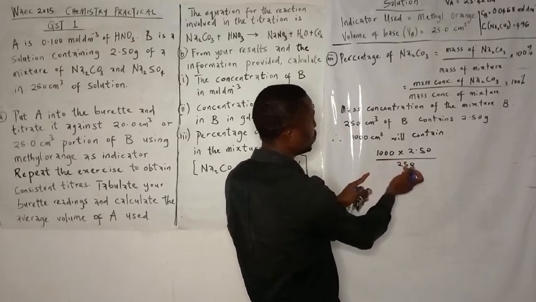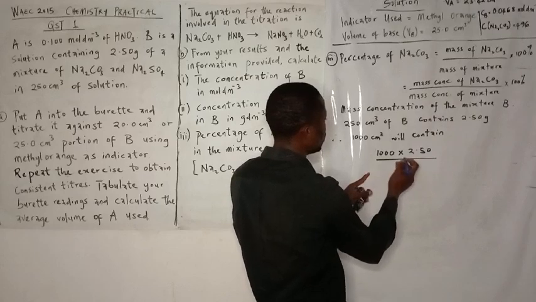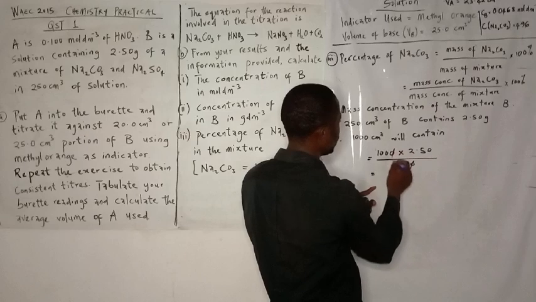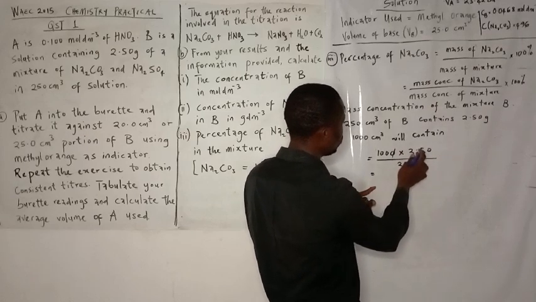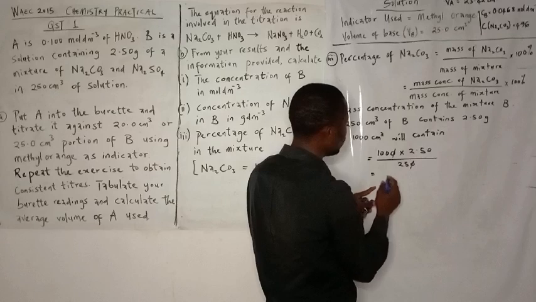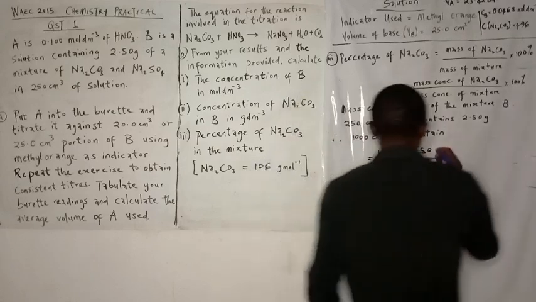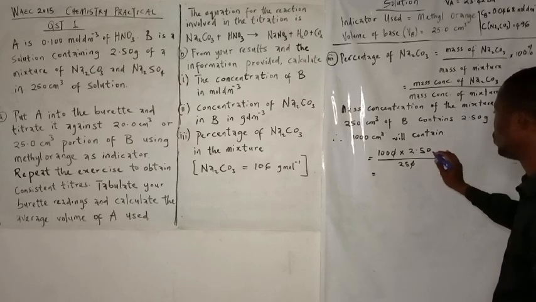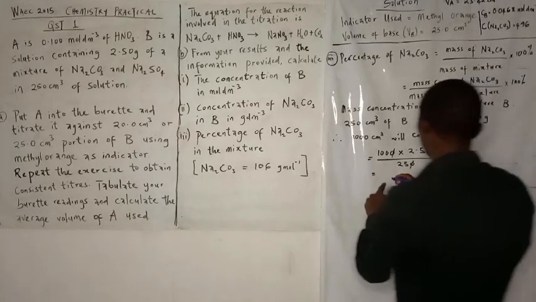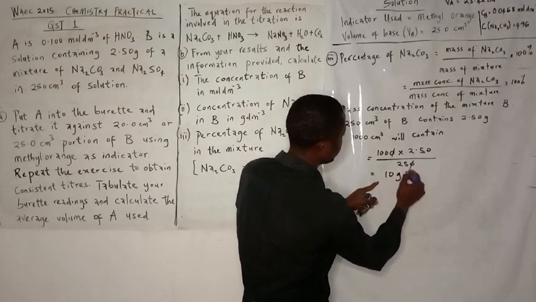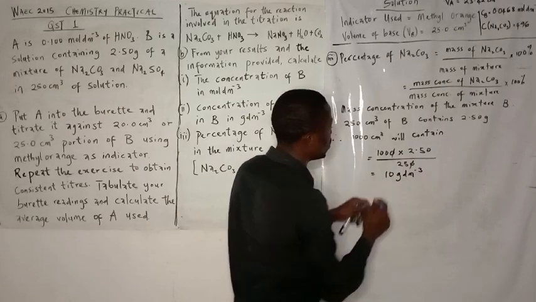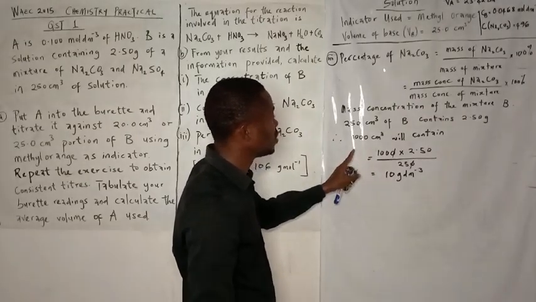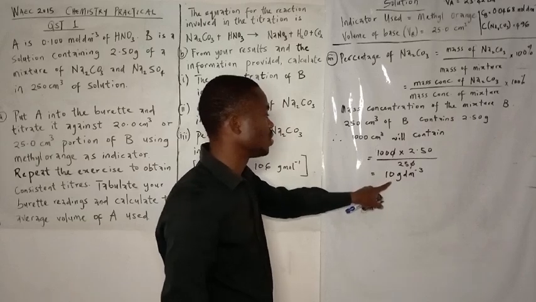This is in cm cube, this is in cm cube, and then we will have that this will be equal to, 0 can take care of 0, and then we have 2.5 times 100 will give us, sorry, will give us 250. 250 divided by 25, we have this to be 10 grams per dm cube. So what this means is that in 1 dm cube, or in 1000 cm cube, you have 10 grams.